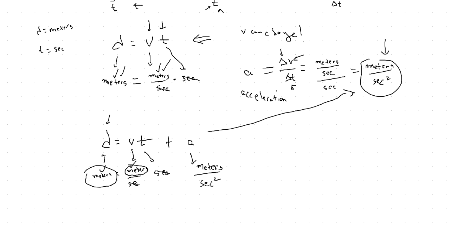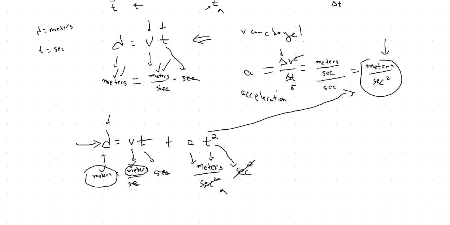The right side should have the same units as the left side of this equation. Now, if I have meters per second squared, how can I get rid of this second squared? Because I just want meters. And the answer is if we multiply by t squared. Remember, t is in seconds, so t squared then would be seconds squared. And there we have it, seconds squared. Now the seconds squared go out, and I'm left with meters.